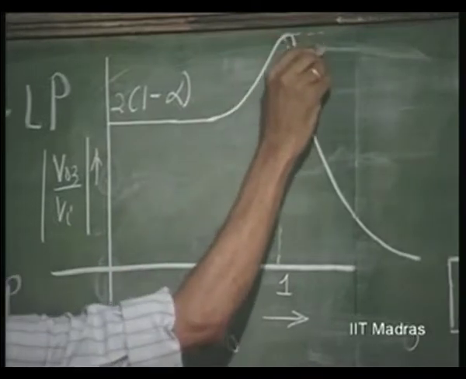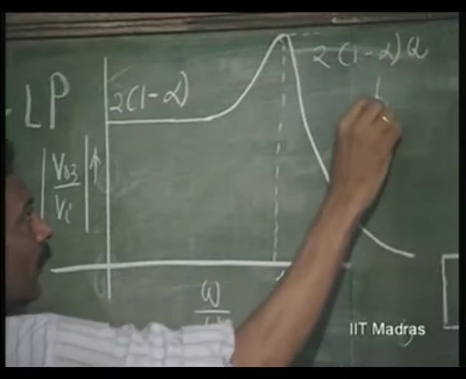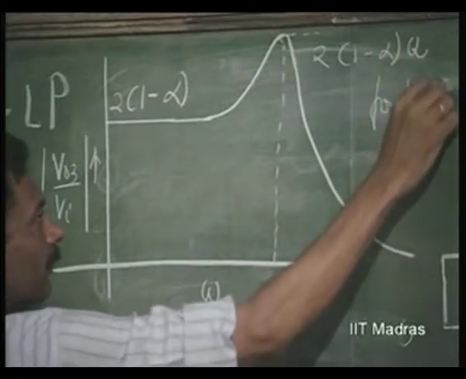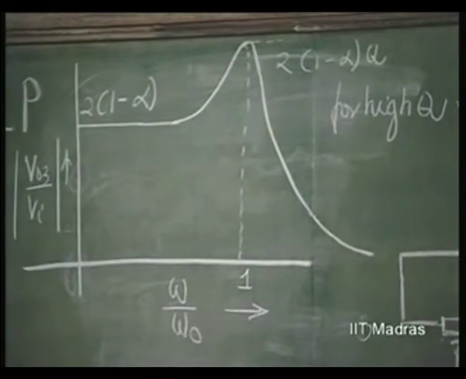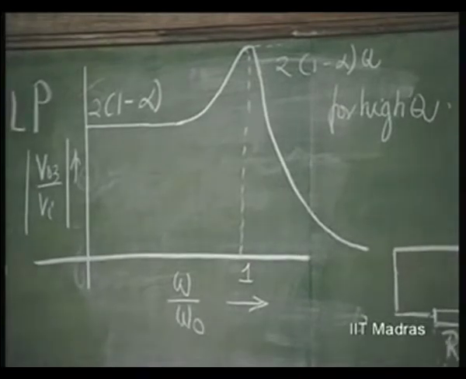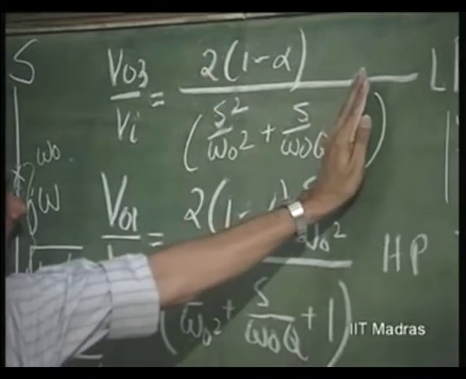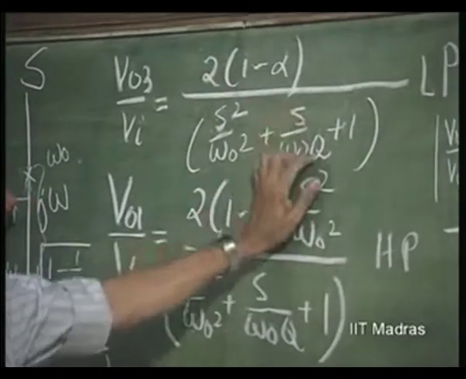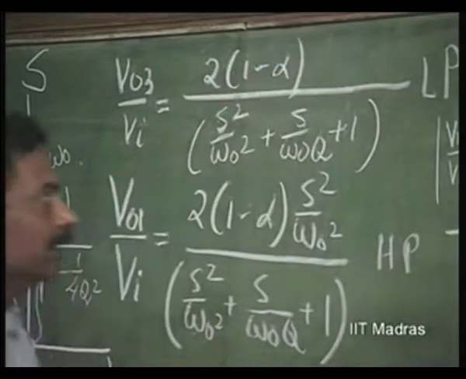This is going to be very nearly equal to 2 into 1 minus alpha into q for high q. This is going to be 1 minus omega by omega naught square. At omega equal to omega naught, this will get cancelled with this, and this will become 1 and q goes above. So, 2 into 1 minus alpha times q. So, this is called low pass.